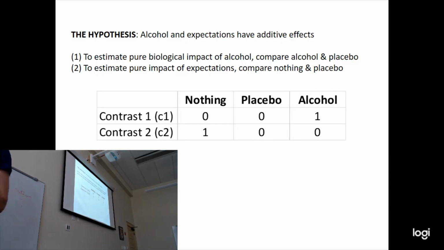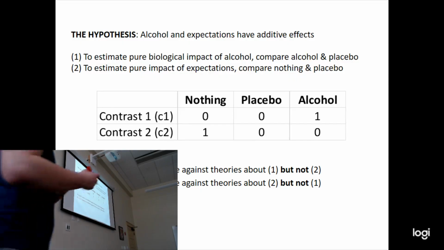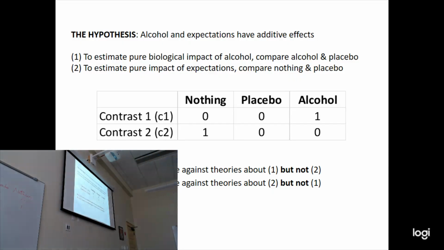When I introduced dummy codes before, I talked about this problem that you often encounter when you're dealing with pairwise comparisons, in that often you're interested in two quantities, and your hypothesis is split across two quantities. That's true here, but it seems like each quantity that you're estimating deals with a different scientific hypothesis.